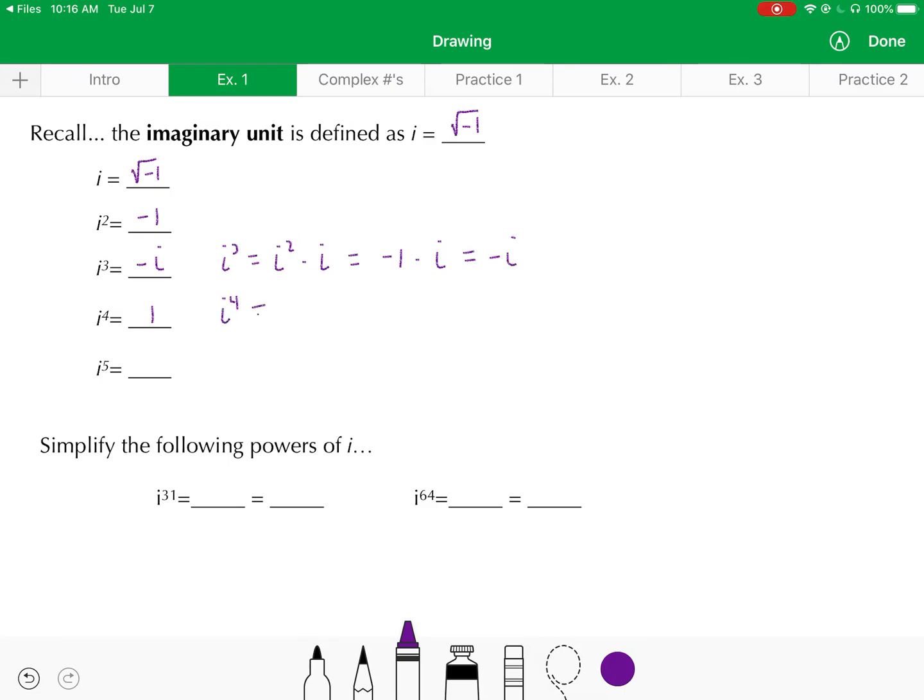Proof on that. You can think of i to the fourth as i squared times i squared, which is the same as -1 multiplied by -1, which of course would give you 1. And then i to the fifth would simplify back to i.